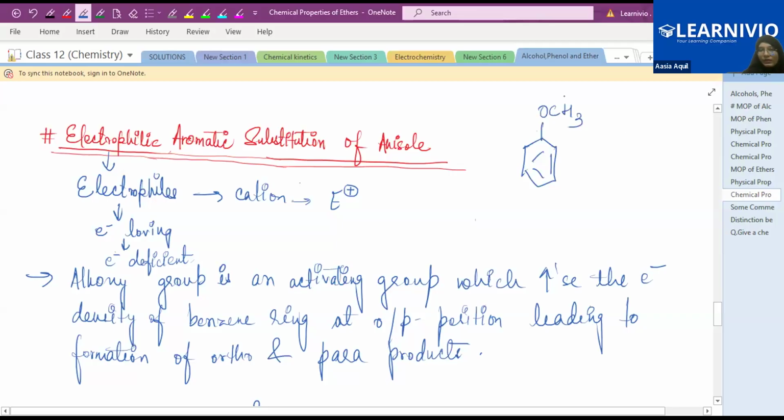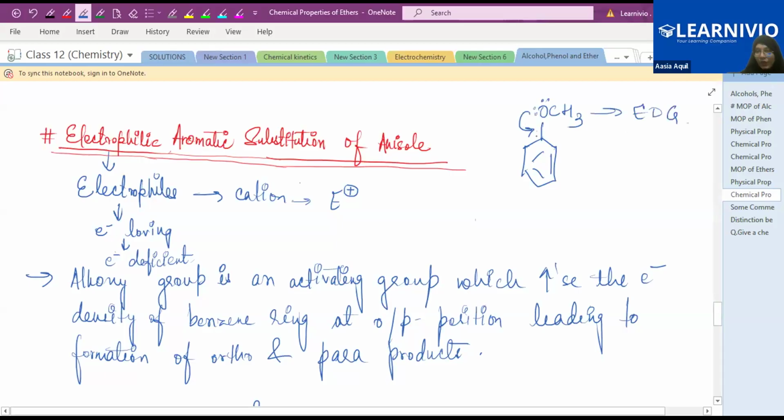Now in this structure of anisole, this OCH3 group is a plus R group, basically an electron donating group. This oxygen has a lone pair, so it donates its electron to the benzene ring. So this alkoxy group is basically an activating group. It is an electron donating group.